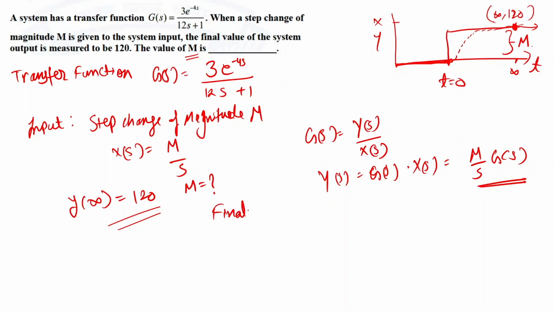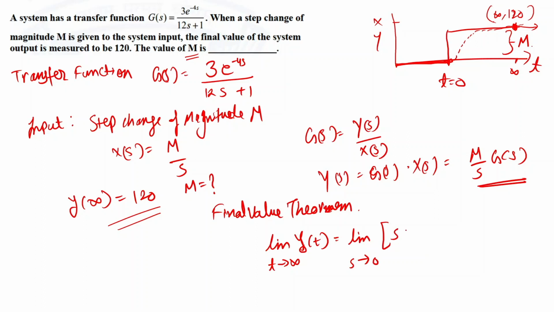The final value theorem states that the value of output at time t equal to infinity, that is y of t as t tends to infinity, can also be written as limit s tends to 0 of s into Y(s).